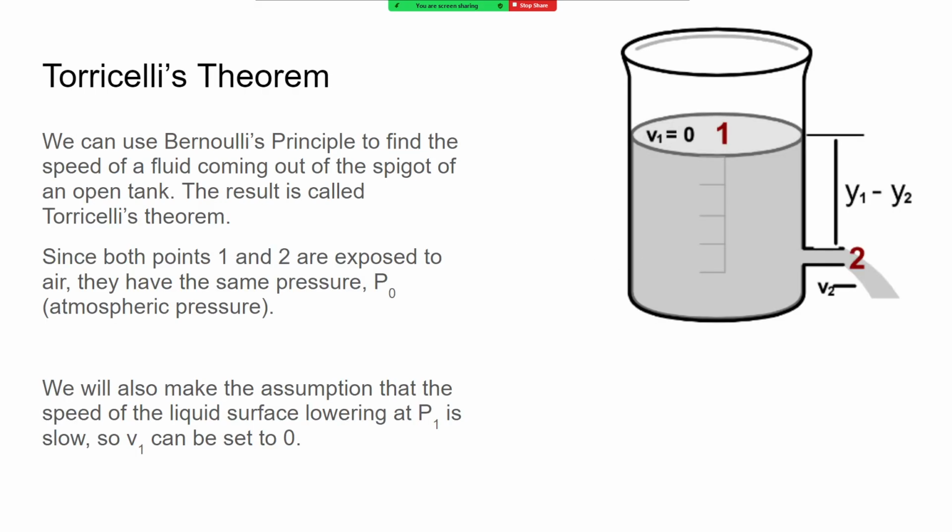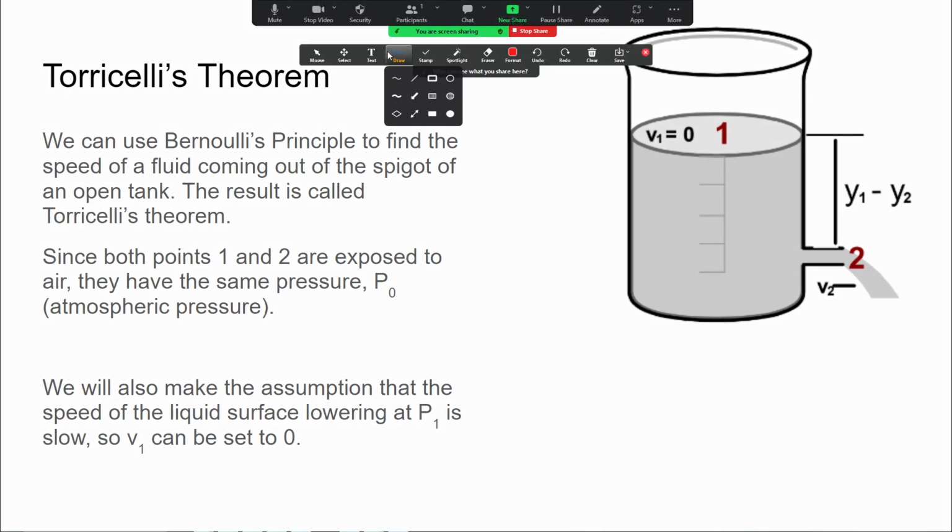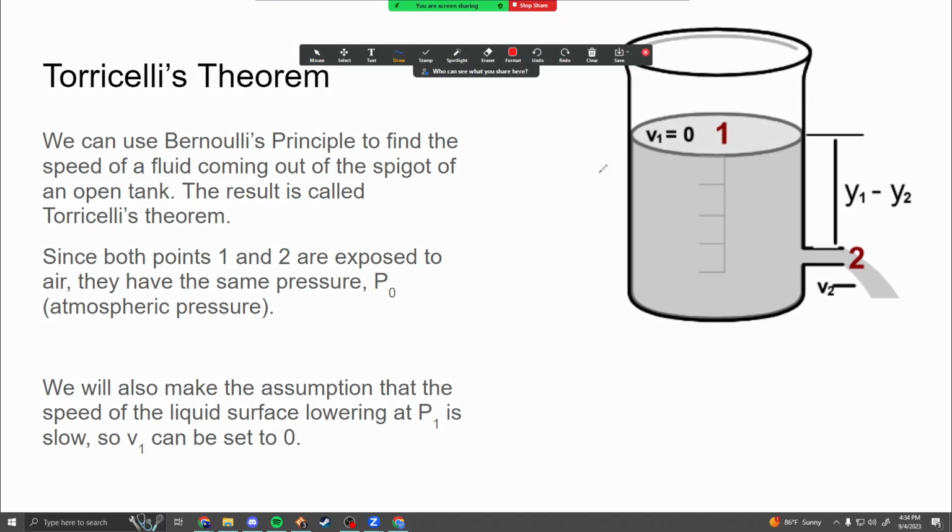Okay. So we can use Bernoulli's principle to find the speed of a fluid coming out of the spigot of an open tank, and the result is called Torricelli's theorem. So if we look at our diagram here, if we look at both points 1 and 2, they both have the same atmospheric pressure because they're both exposed to air.